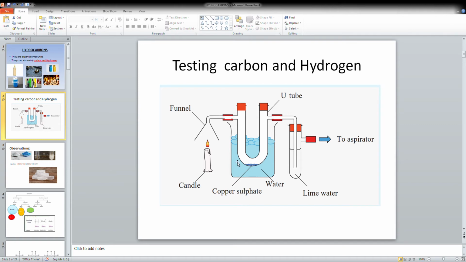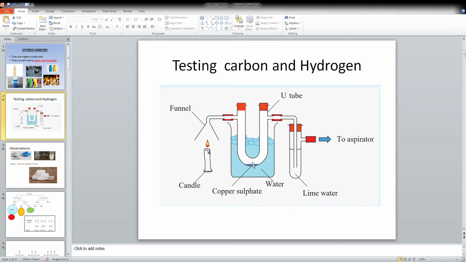You can see the water beaker here. The water can absorb heat from the incoming carbon dioxide and water vapor, and the vapor condenses into water. Hydrogen combined with oxygen forms water. Now the water passes through the anhydrous copper sulfate.